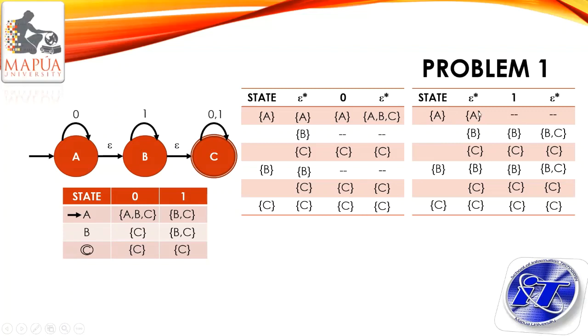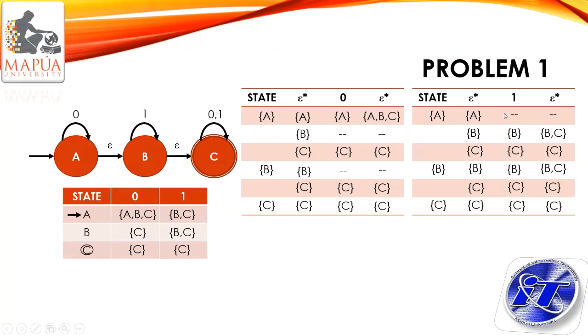Now let's proceed with 1. Again, the epsilon closure of A is A, B, C. If it's 1, based on this diagram, there's no path for 1 at A, so therefore dash. But if it's B, it will loop within itself, and B could reach both B and C through epsilon transition. So the final path for B will be BC.